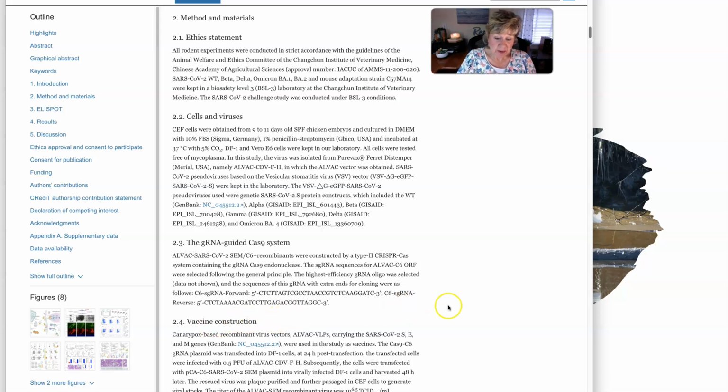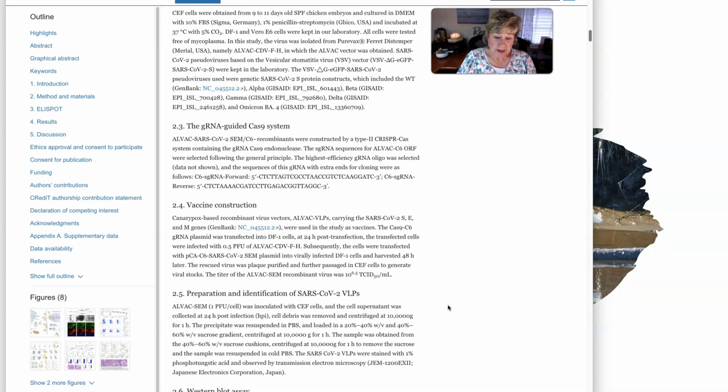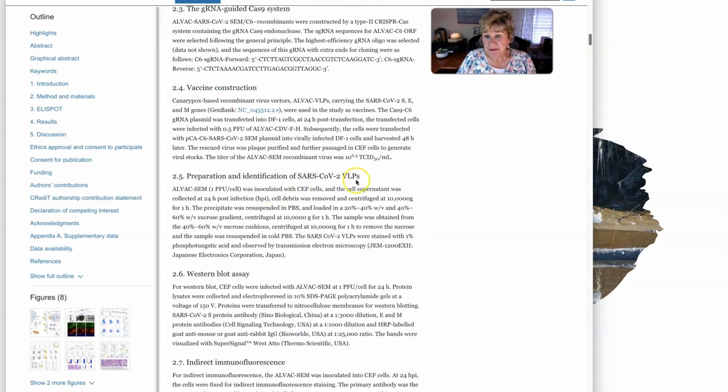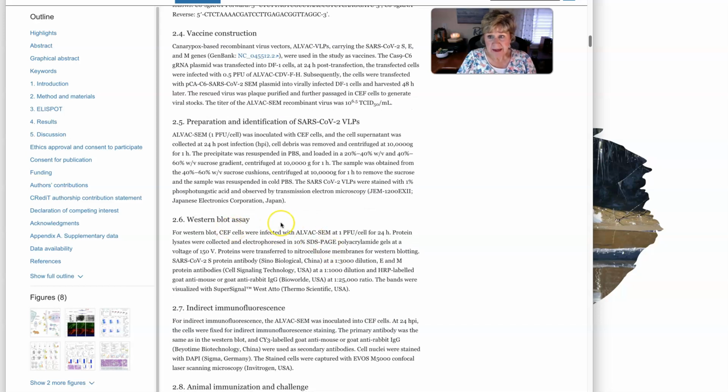And here's the viral particles and how they identified these virus-like particles and how they analyzed the proteins that were produced to make sure they're producing viral proteins that then can be used by your immune system to help protect you, etc., etc.